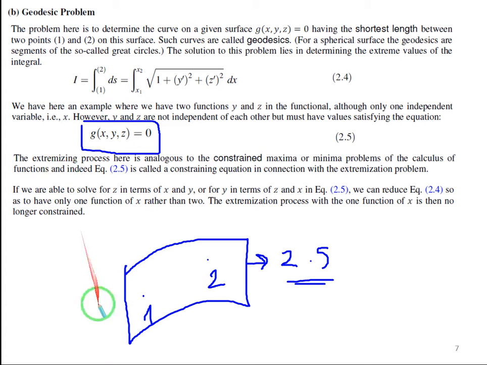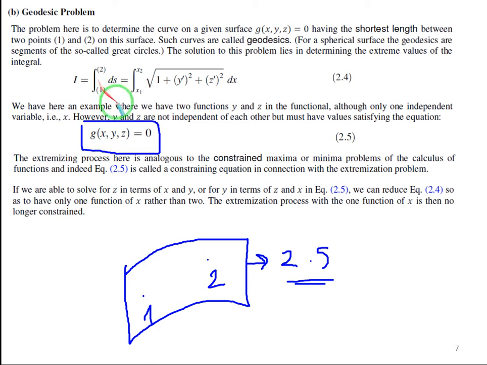Okay, now let's formulate the problem as I mentioned. In this case, we present our problem as follows.